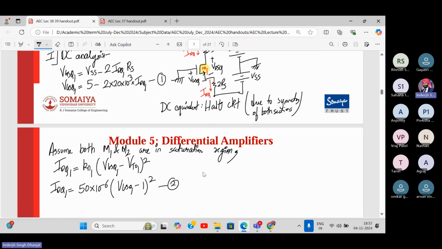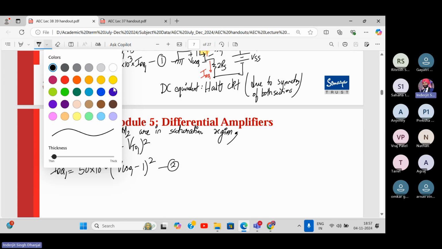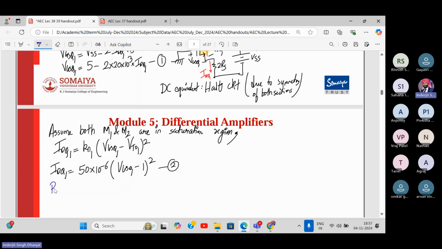Now in equation number 1 and 2, there are two unknowns, VGS and ID, and there are two equations. So what will you substitute where? Put equation number 2 in 1. So write down: substitute equation number 2 in 1.